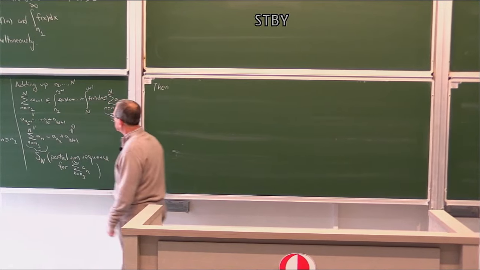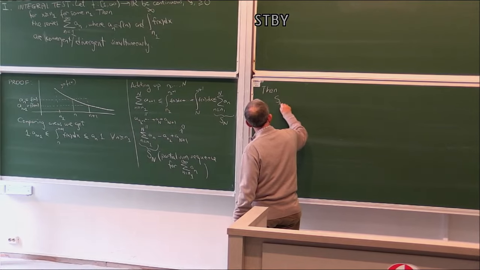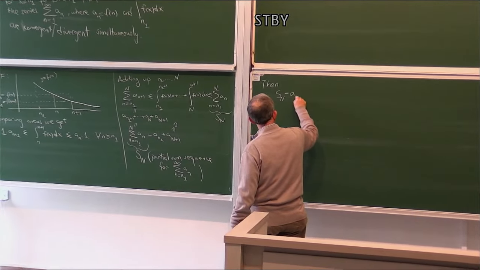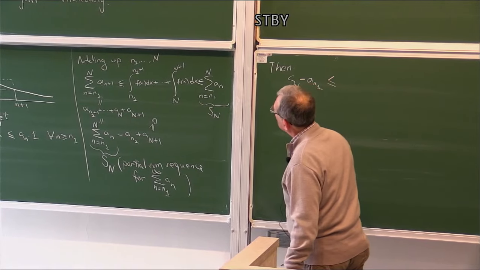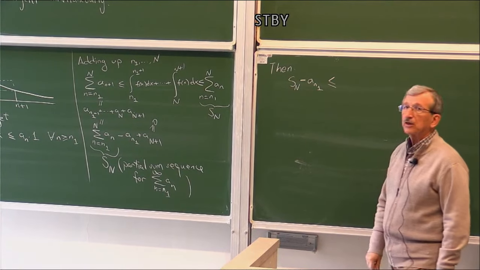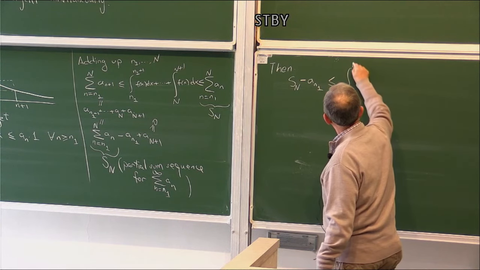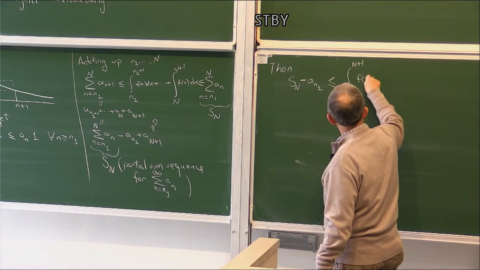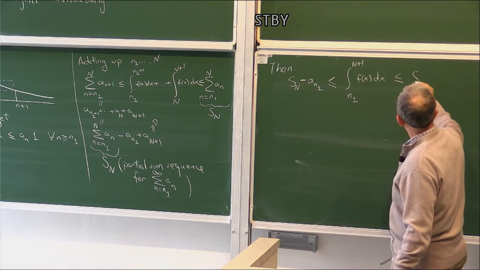Thus, we get Sn minus a_{N1} bounded by, combining the integrals together, the integral from N1 to capital N+1 of f of x dx. It's bounded by Sn.